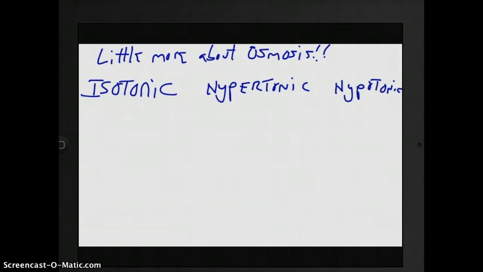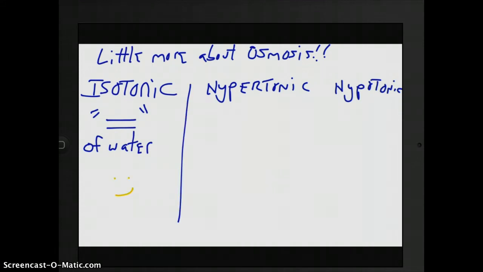In an isotonic solution, you have an equal amount of water inside and outside the cell, equal concentration of water. This one is at equilibrium.